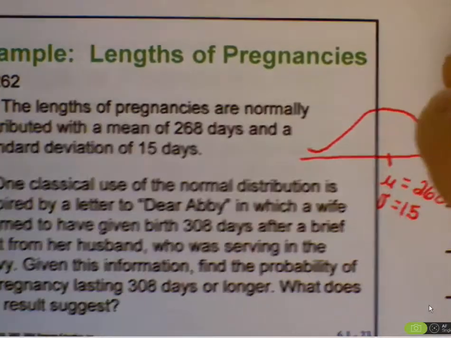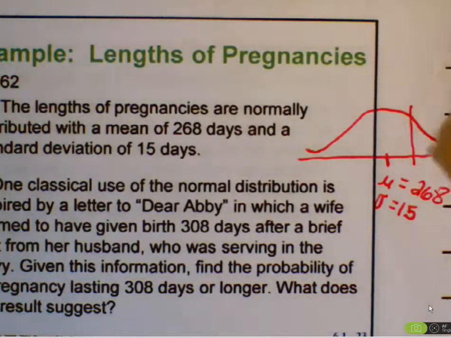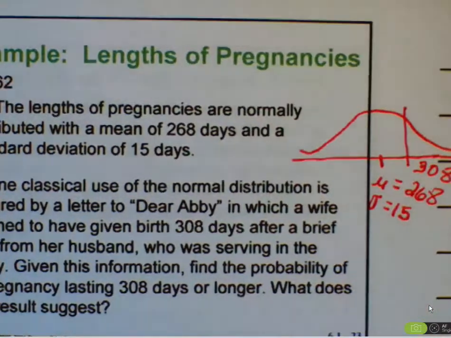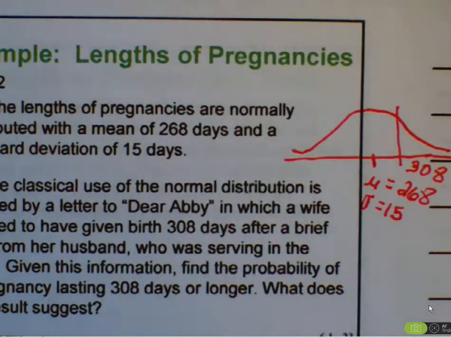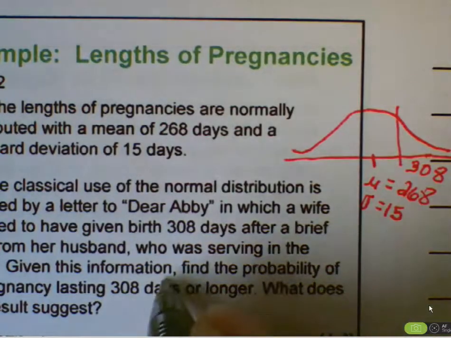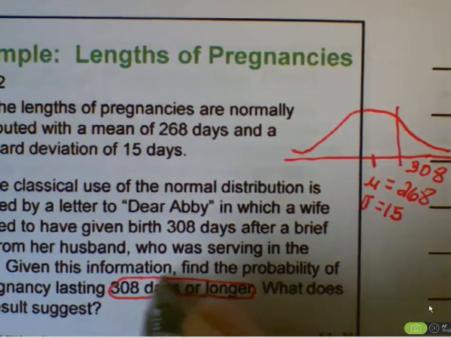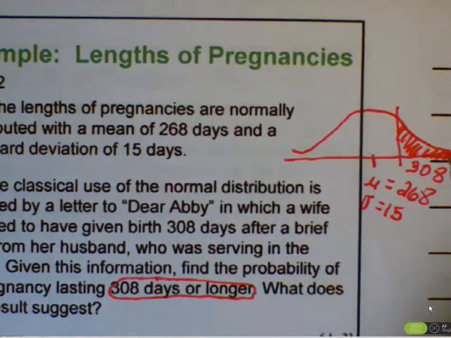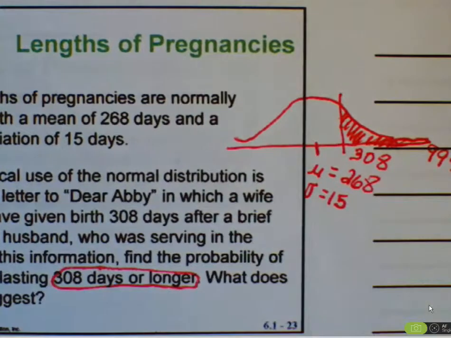Well, 308 days is definitely to the right of the mean, and we're looking for the probability that a pregnancy lasts that or longer, which tells us to shade to the right. And whenever we've shaded to the right, we've used positive 9,999 as our right boundary.